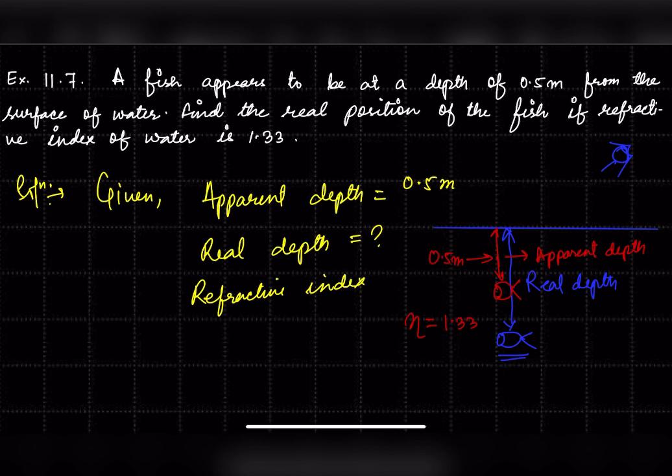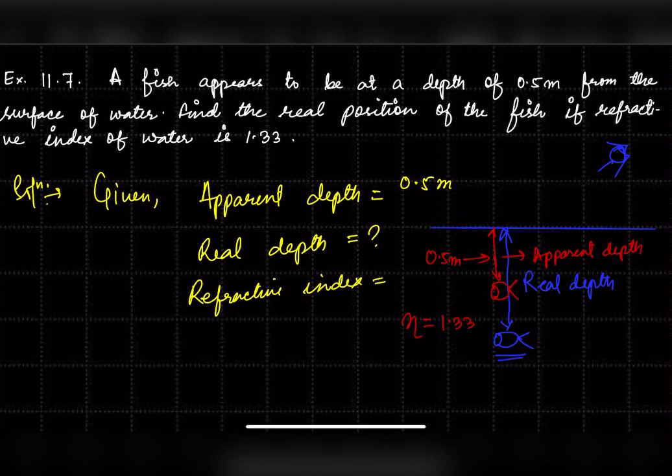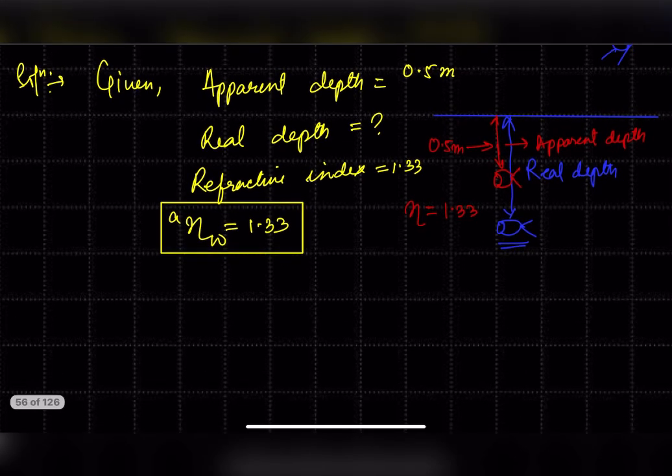Refractive index is equal to 1.33. Which refractive index? Refractive index of water with respect to air is 1.33. Keep in mind this one. I hope this much is clear to you.